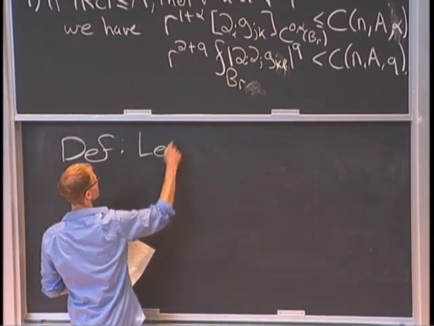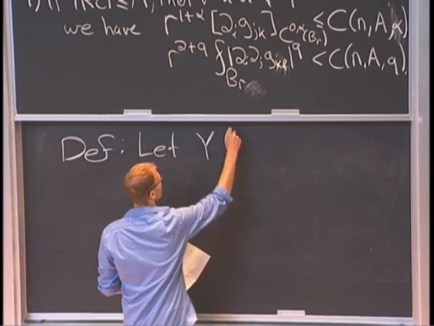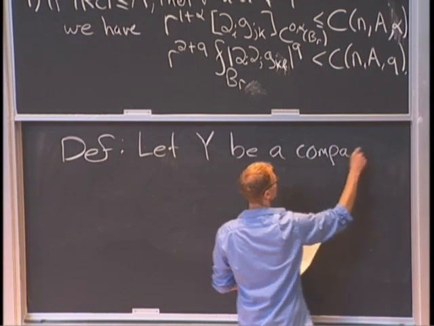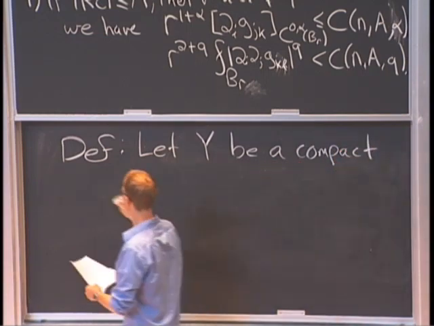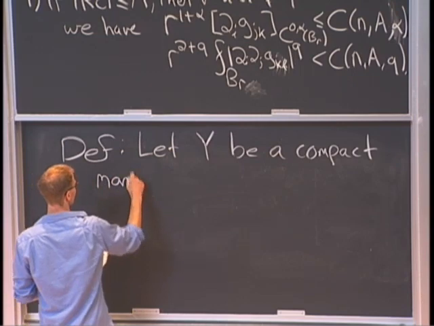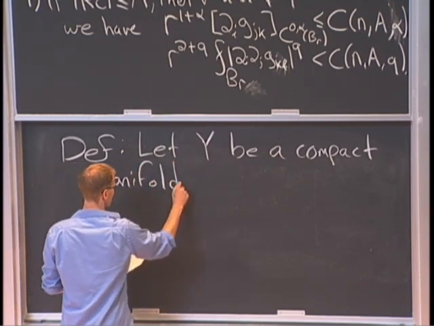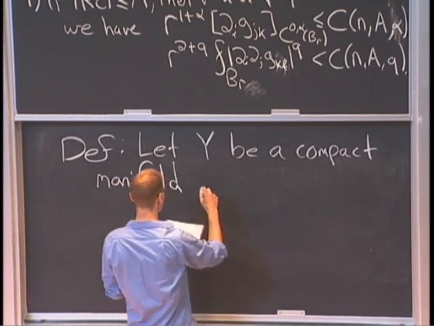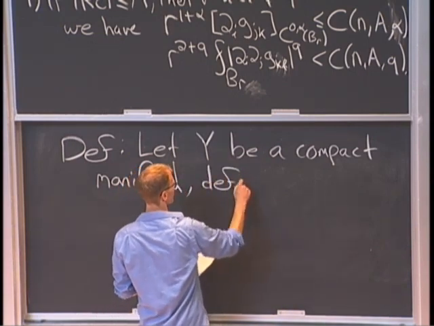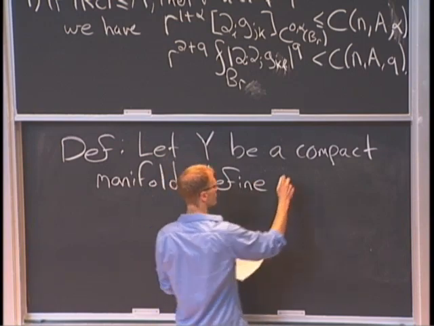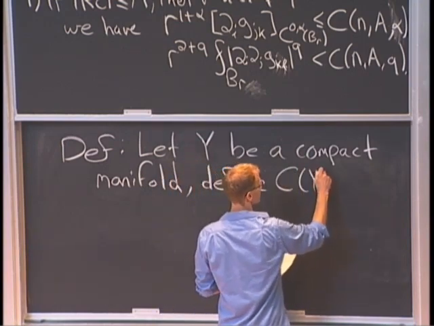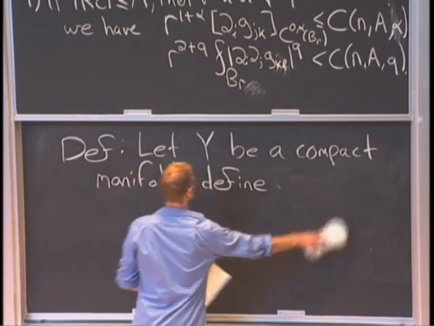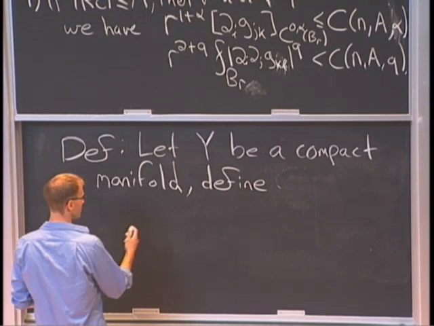So let Y be a compact manifold. Then we're going to define the cone over Y. So we mean two things by this.